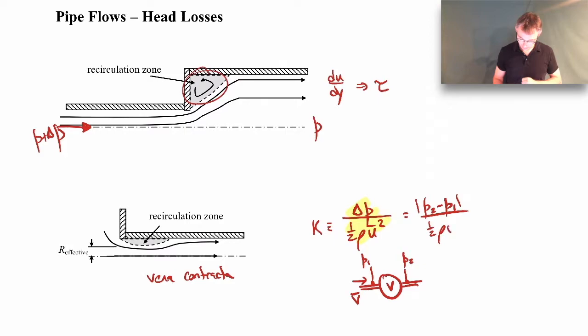Then 1/2 rho V squared. So you just take the measurements of the pressure, measurement of the velocity or flow rate, and make it into an average velocity. And then you have your loss coefficient. You just plug it in, work out the numbers, and then you have a dimensionless loss coefficient that you can plug into a table. And then you can always come back to it later when you need that value for that particular kind of valve.